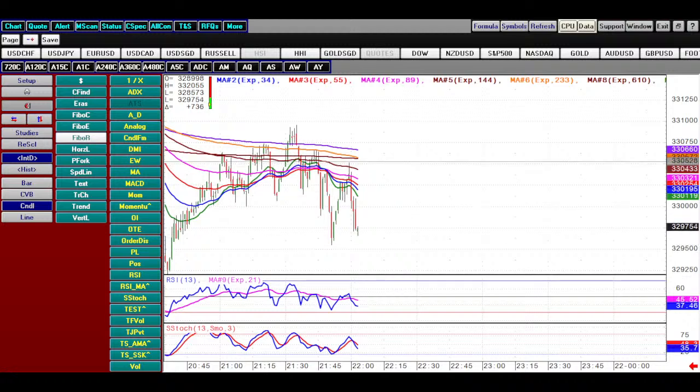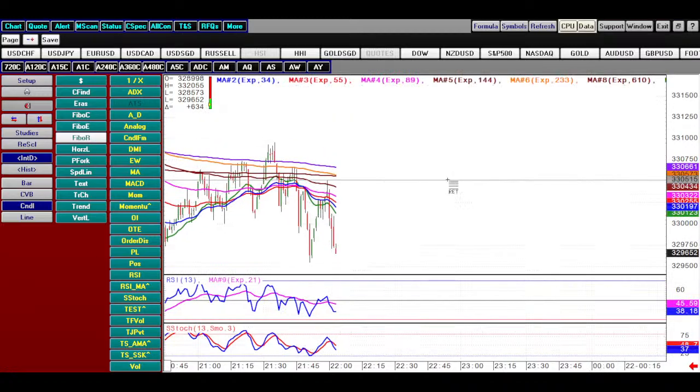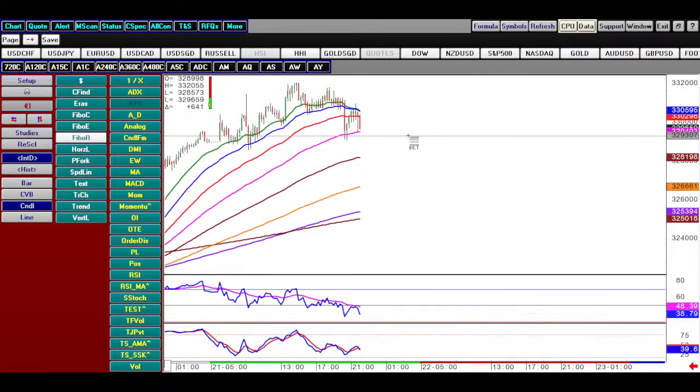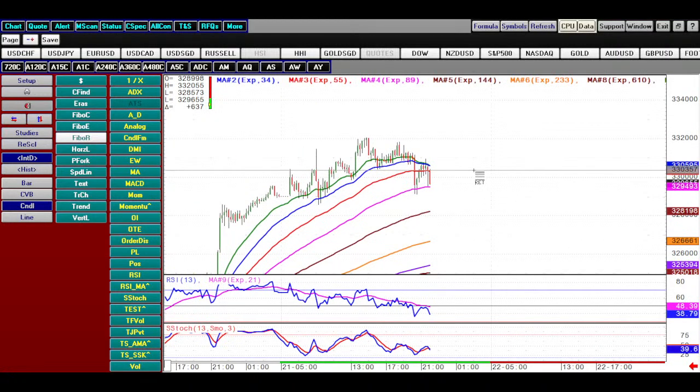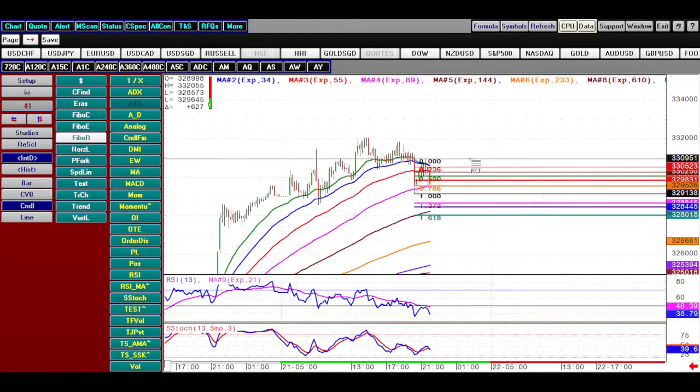So where we can go for a re-entry, we will try to see if we can get 3306 again, 3306. Then the TP, will see whether the low breaks.